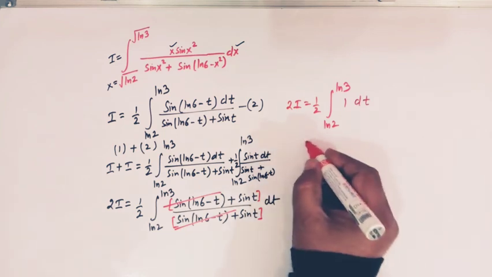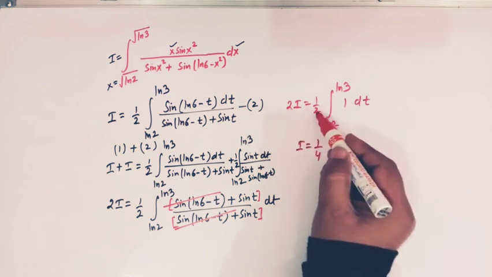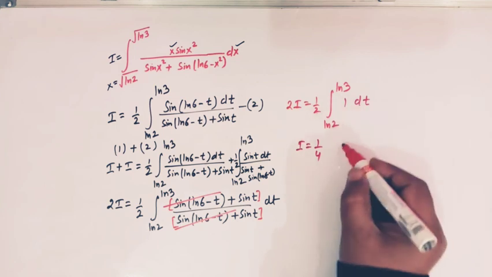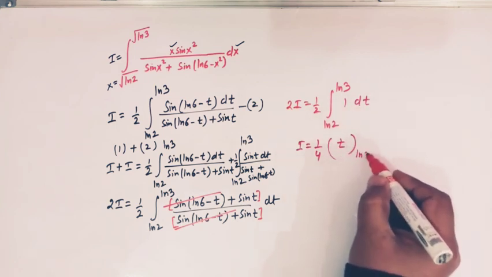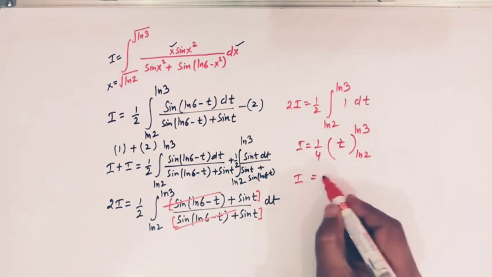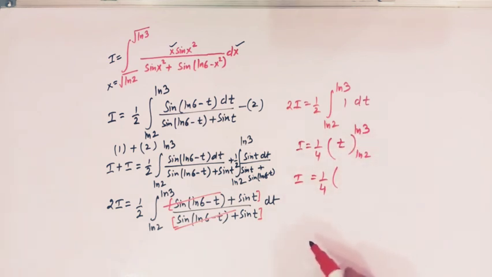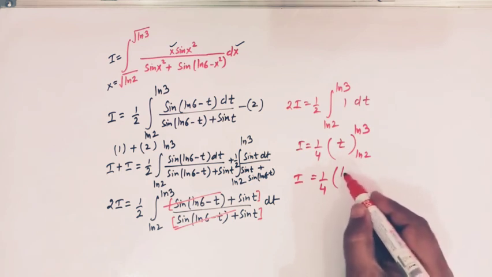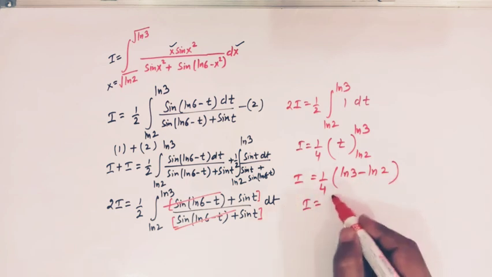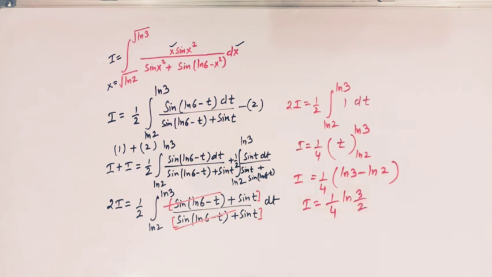Now I is equal to 1/4, taking the 2 to the denominator, and the integral of 1 dt is simply t, with limits from ln 2 to ln 3. Now we substitute the limits and take the difference: ln 3 − ln 2, so this is 1/4 ln(3/2).